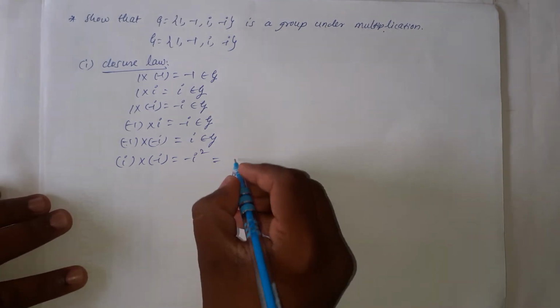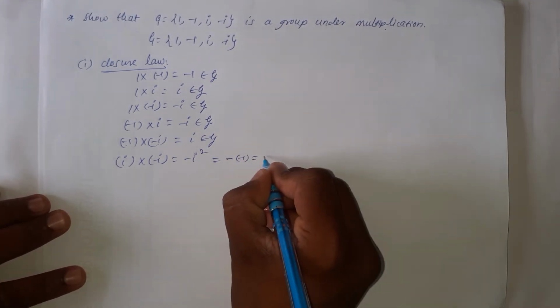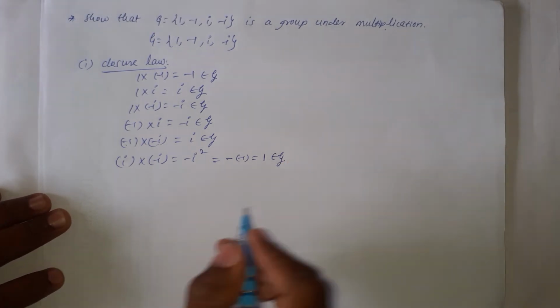Already minus is there, so minus of minus 1 becomes plus 1, and this belongs to G.